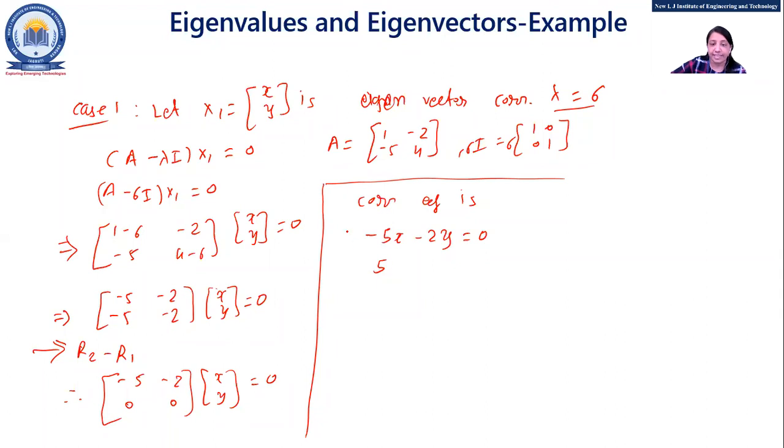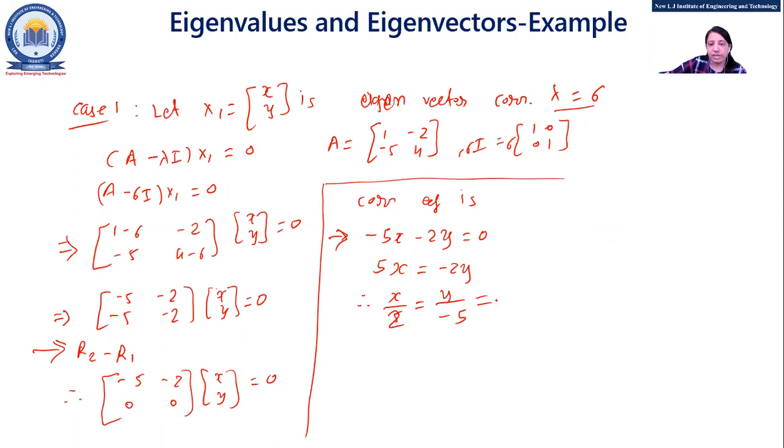How to find x and y from this equation? You can rewrite it as 5x equal to minus 2y. Fine. So you can write x by 2 equals y by minus 5.